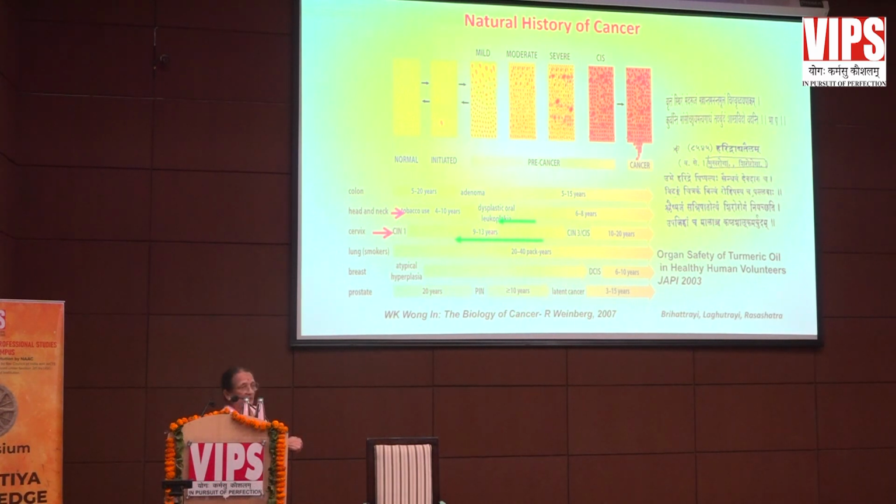And sometimes it is possible to reverse this. Mostly earlier they were using surgical treatment, whereas chemoprophylaxis or non-invasive treatment is being studied. And for cervical cancer also it was studied, but not very successfully.